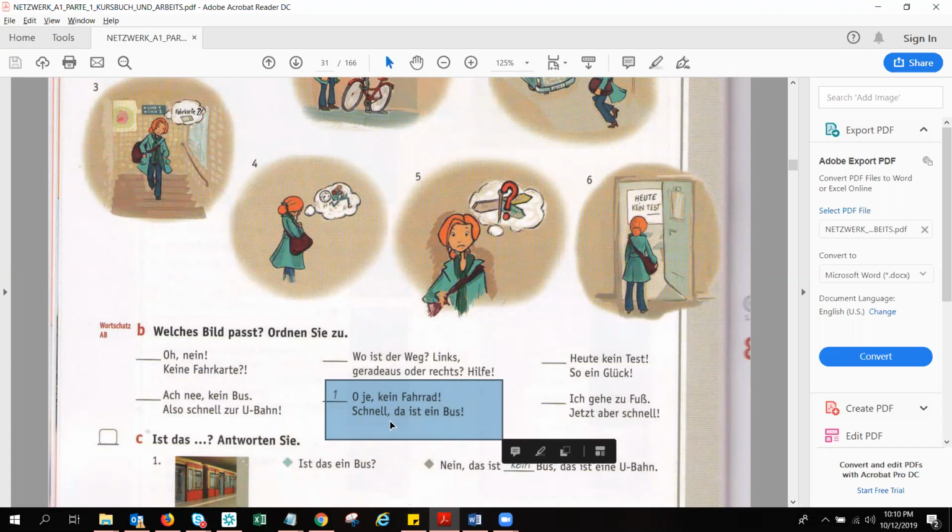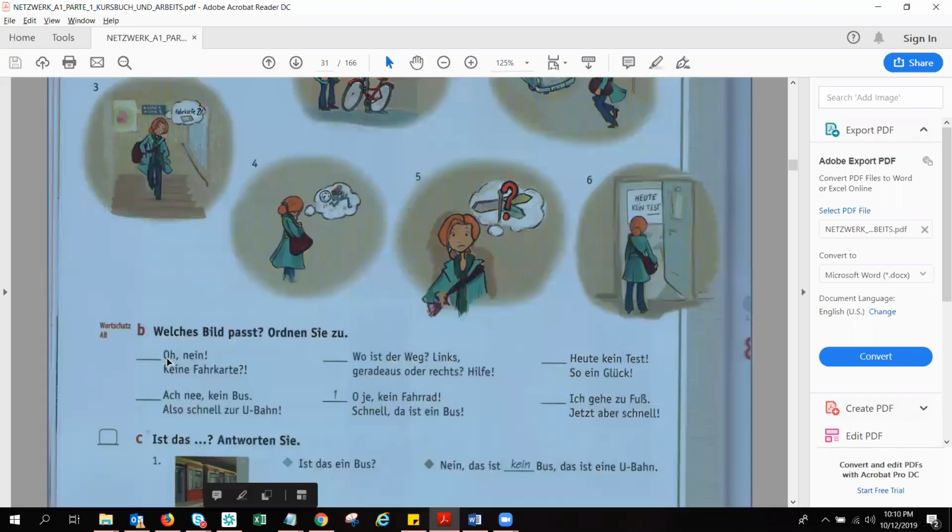There is a bus. So what happened is she first went to her cycle. Oh no, there is no cycle. Fast. There is a bus. So when she went to the bus stop, nee, kein Bus. Oh no, there is no bus. So schnell is fast. So fast to the railway station, like the metro station. Then there is no ticket. So oh no, no ticket.